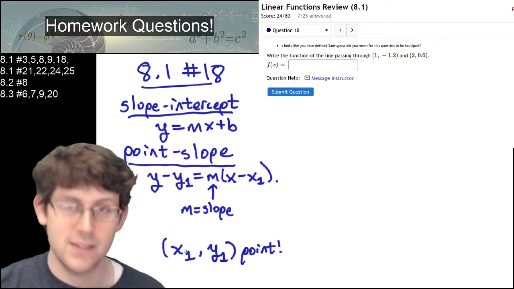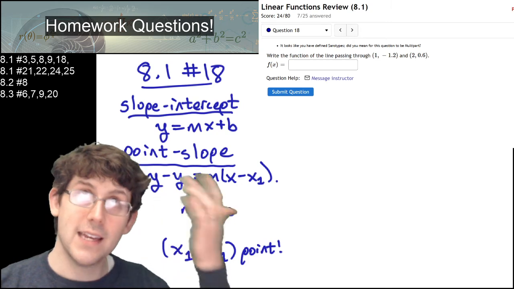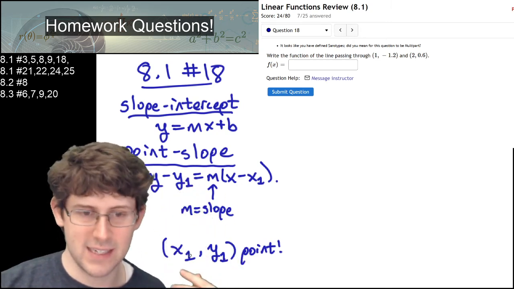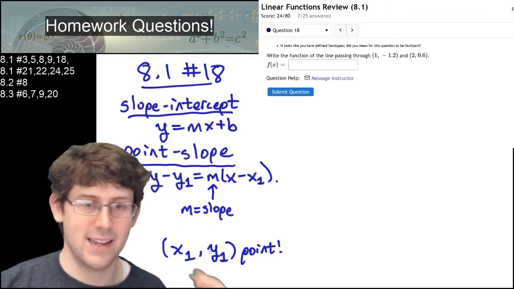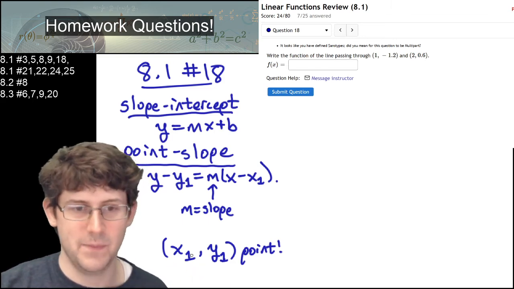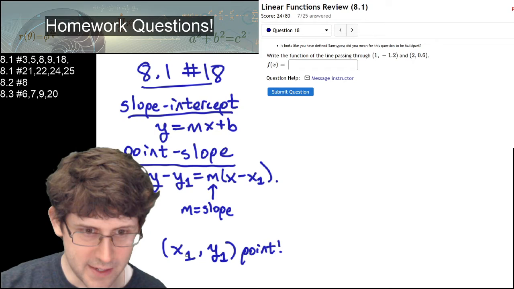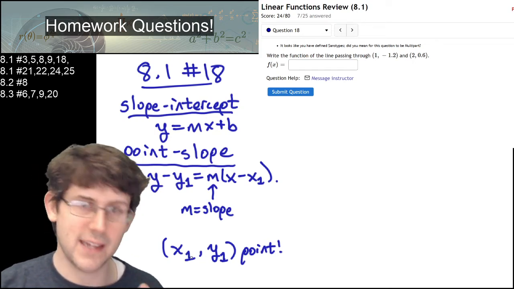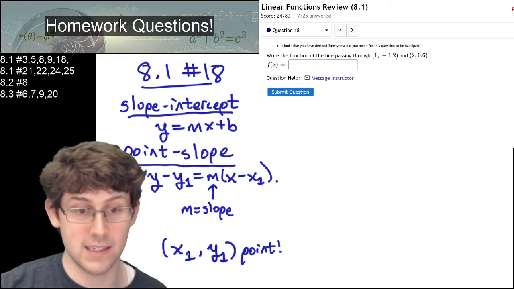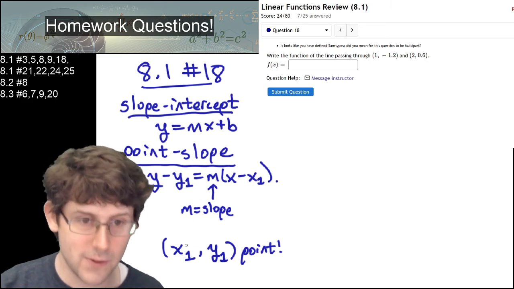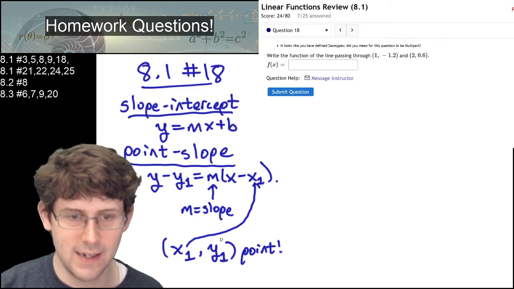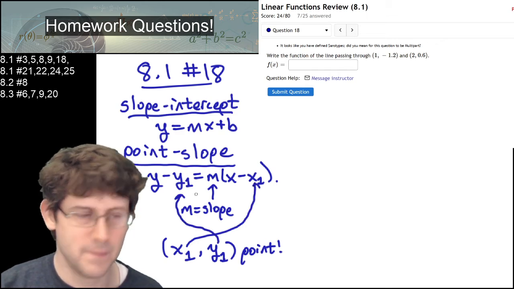This x1, you say x1, but you should think that a subscript is like an adjective. So this is like the first x and the first y. Whenever you see a subscript, like a little number below a variable in any class, even in a science class, you can think of that subscript as an adjective. It's something that's describing the variable. So this is x1, first x. The first x will go here, and the first y will go here.